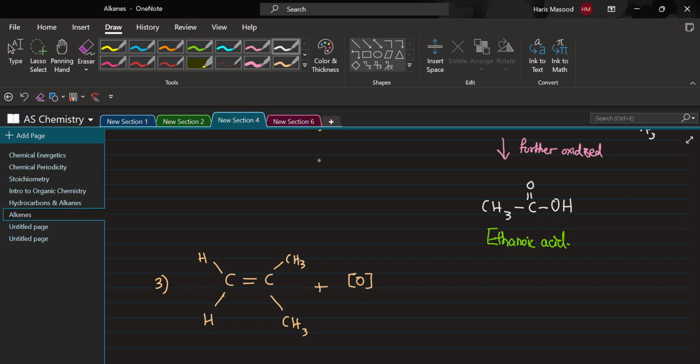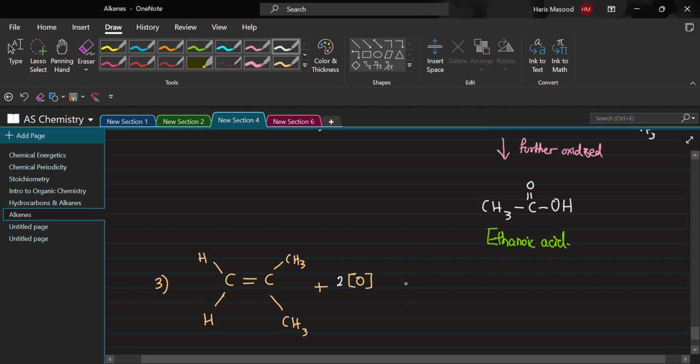So always remember, two hydrogens are there when the carbon is at the end of the chain. In this scenario we are doing very small chains, but in MCQs you will see very big chains. But always remember, only when that carbon has two hydrogens with it, which is at the end of the chain.